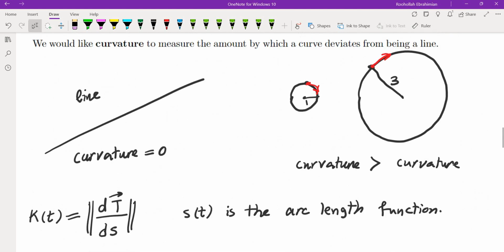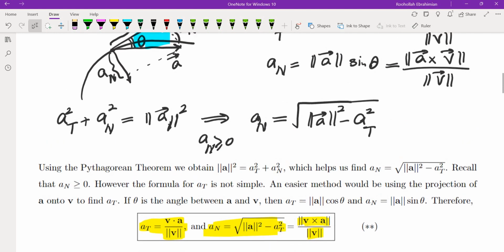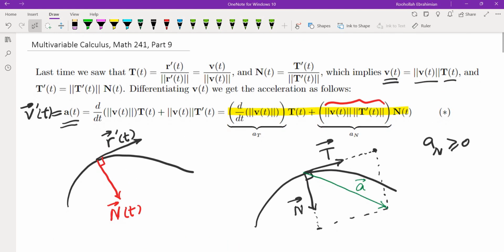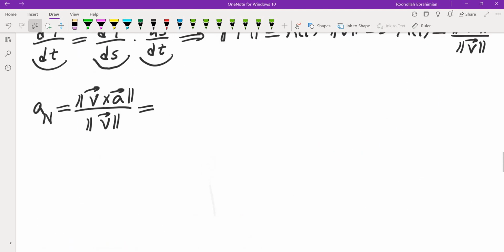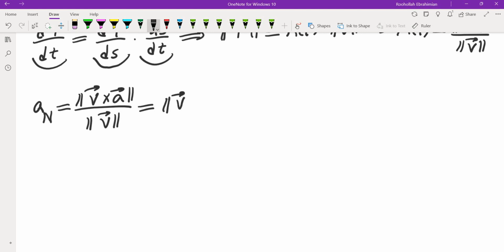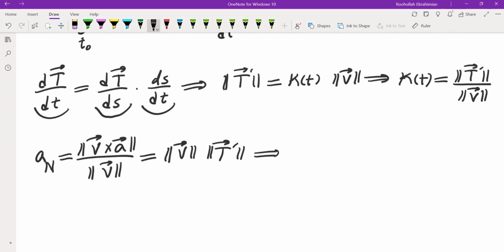If we go back and look at the other formula that we got earlier on, a sub n is the magnitude of v times the magnitude of T prime. So let's use that. We get the magnitude of v times the magnitude of T prime. Let us solve for T prime so that we can plug it right here.